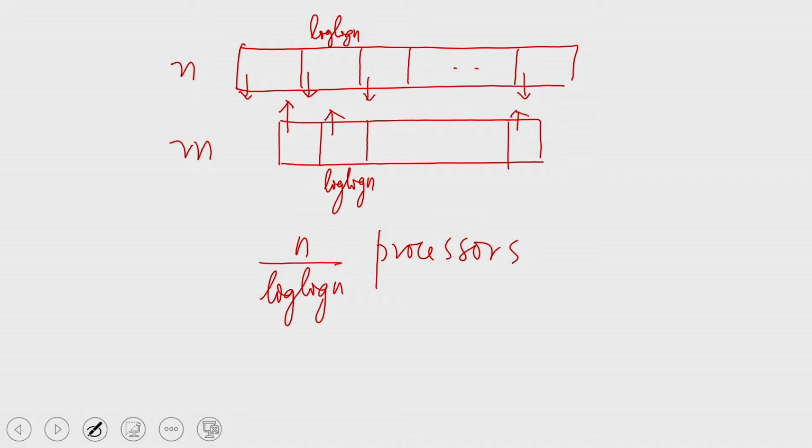From each segment, pick out the leaders. But when we pick out the leaders, we find that the number of leaders is exactly equal to the number of processors we have. Therefore, the merging of the leaders can be done using the algorithm that we have seen just now. Therefore, the cross ranking of the leaders is done in order of log log n time.